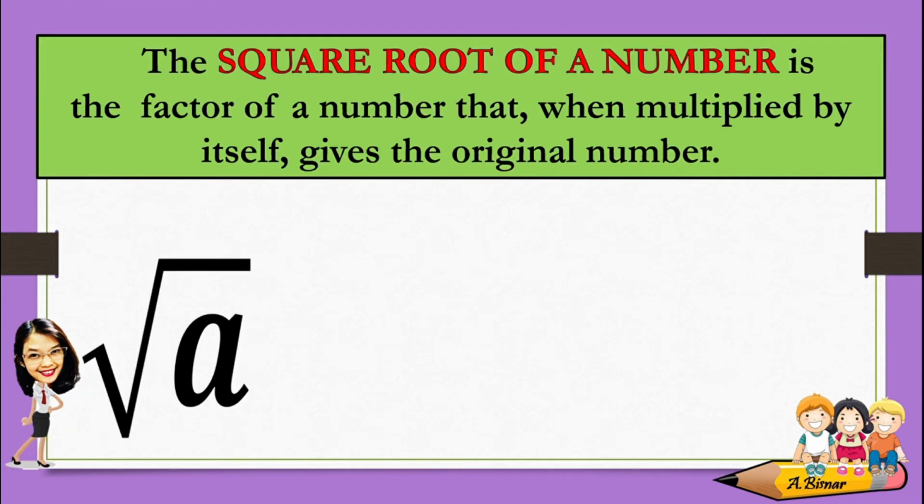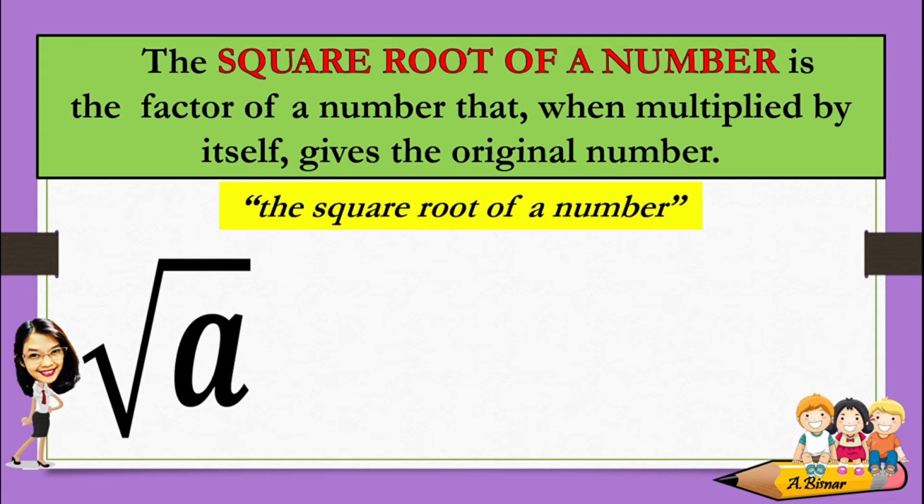Next one is the square root of a number. The square root of a number is the factor of a number that, when multiplied by itself, gives the original number. Say we have the square root of a, or the square root of a number, which means a represents a number.